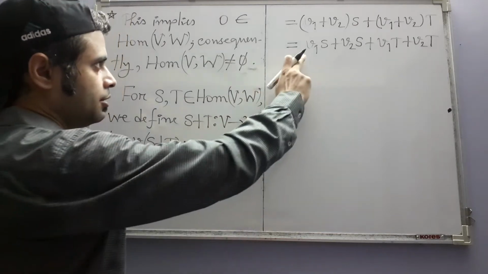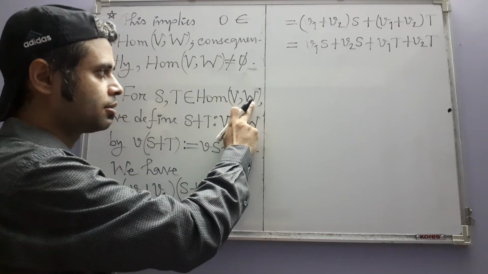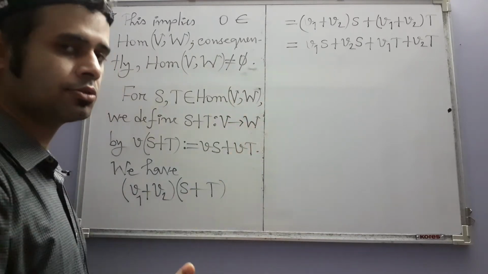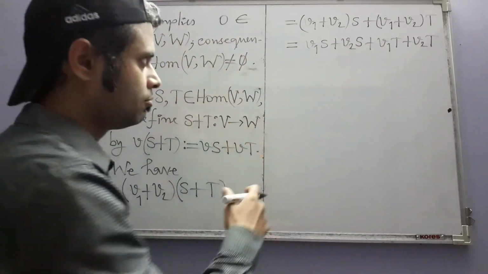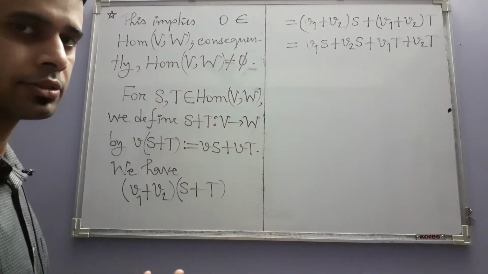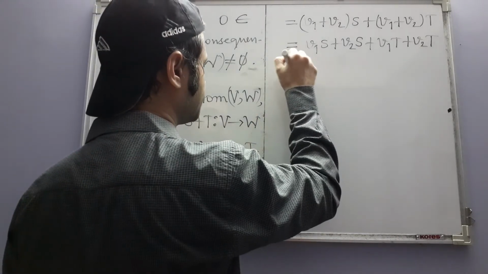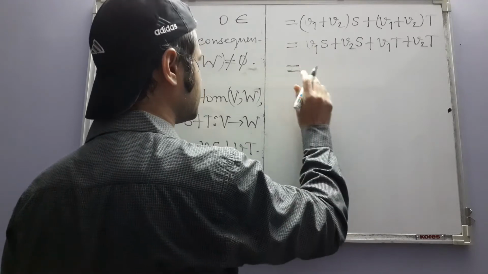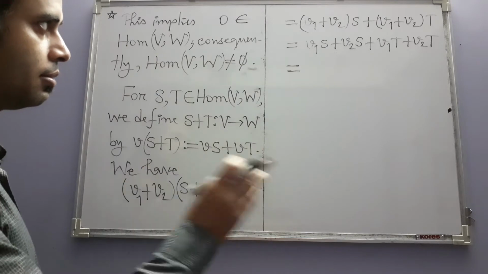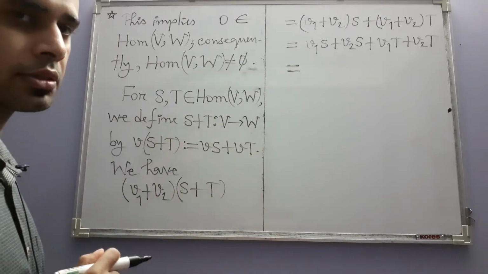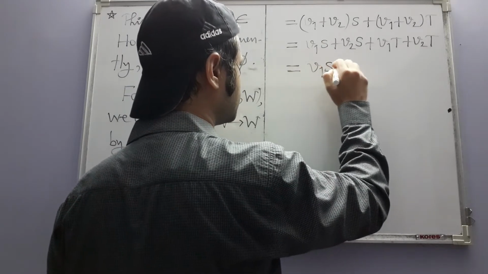That is because this final sum is happening in the space W, which is an abelian group with respect to its own addition. General associative law is true in any group, so there is no need to write brackets. And because this is an abelian group, we can change the order of these terms. So changing the order, we can write things like this.